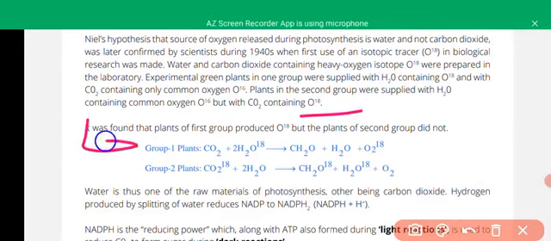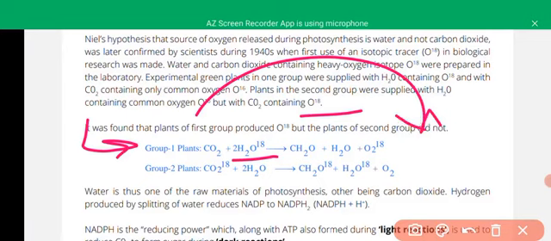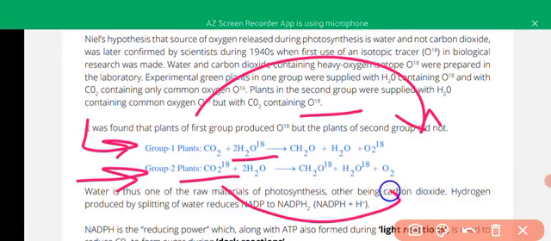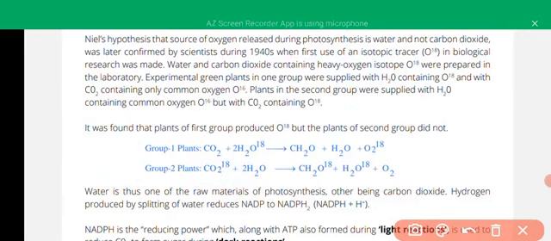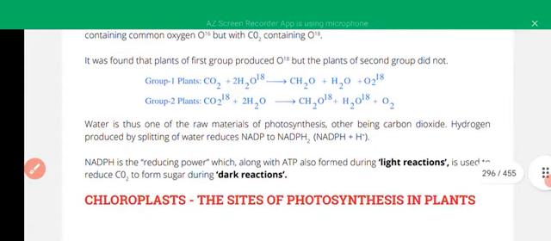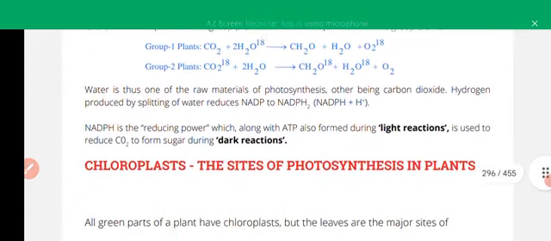In the first group of plants, water containing O18 was used and it produced oxygen O18, but not in the second group, in which CO2 containing O18 was given, but it produced only O2, not O18. So the source of oxygen from photosynthesis is water, not carbon dioxide.